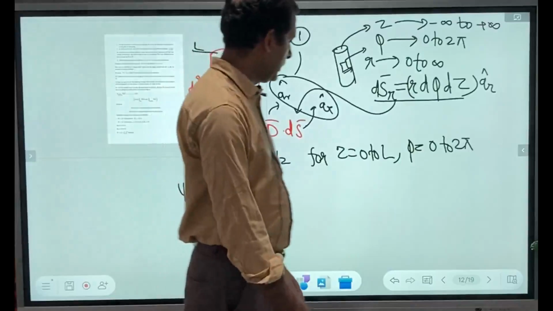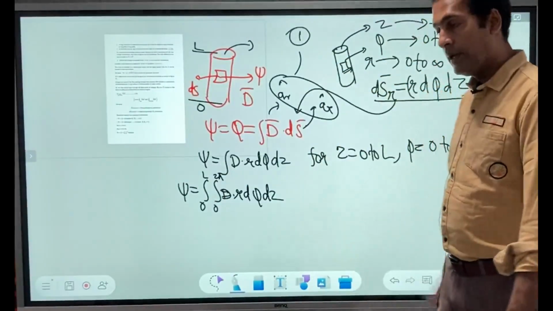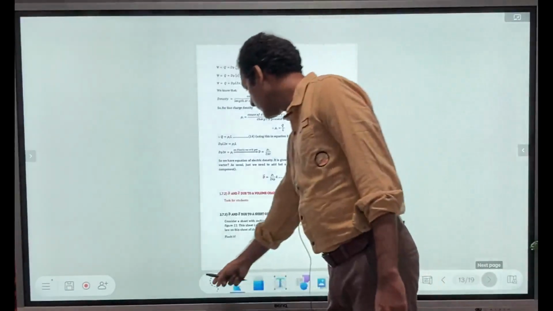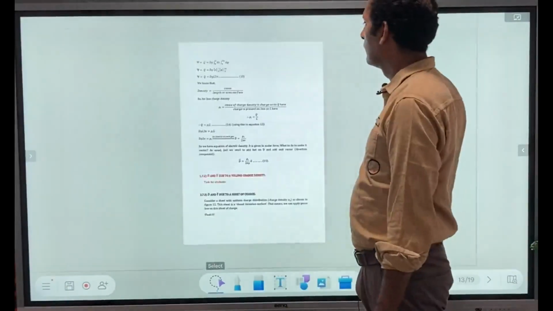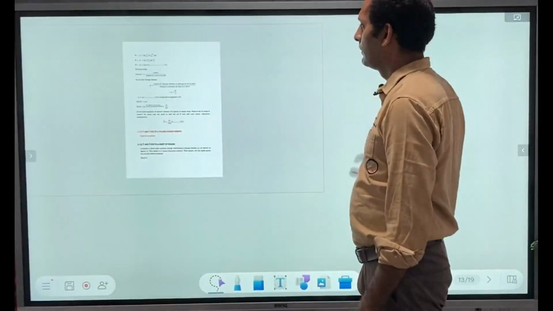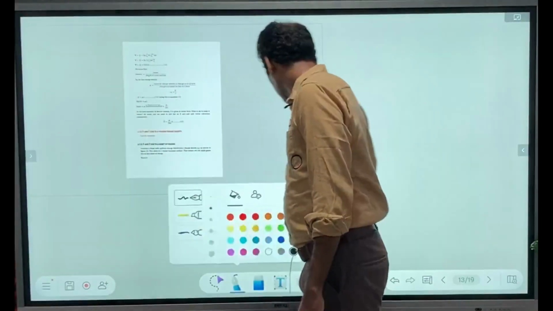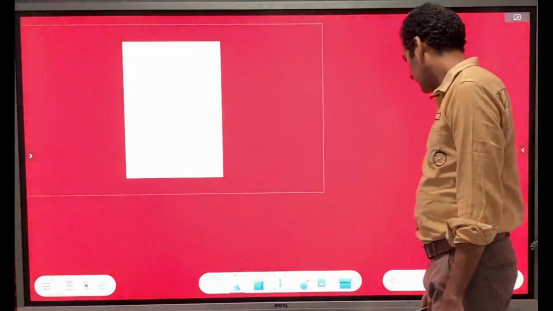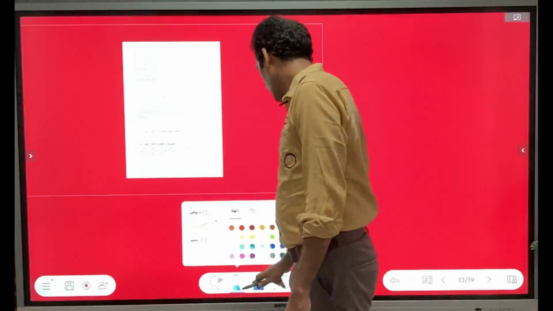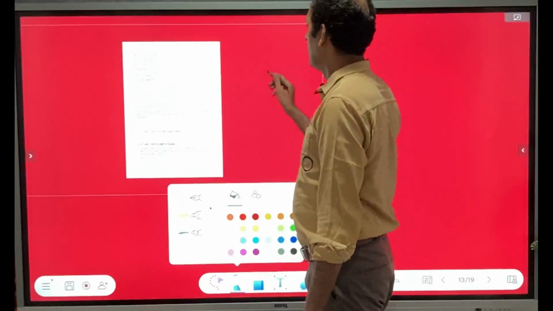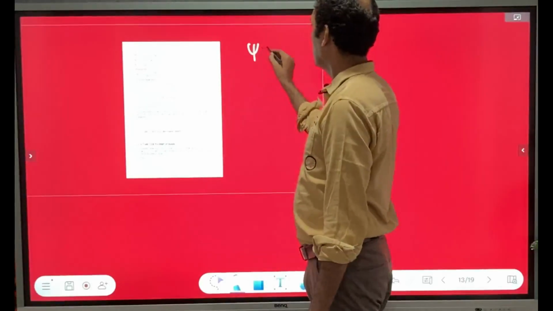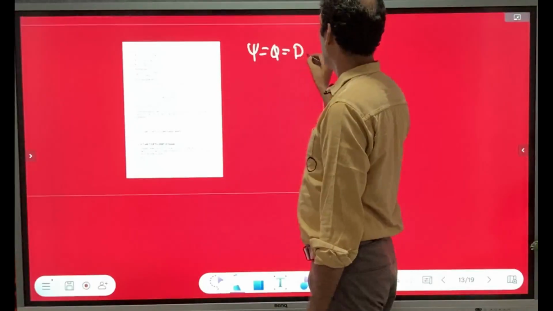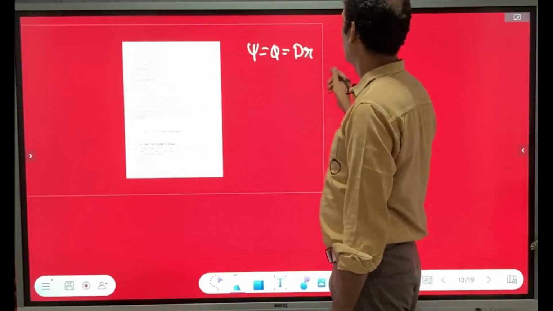So now further we will simplify it and relate it with electric field intensity also. So we have psi equal to Q equal to D r.